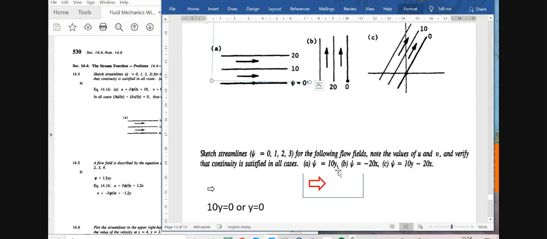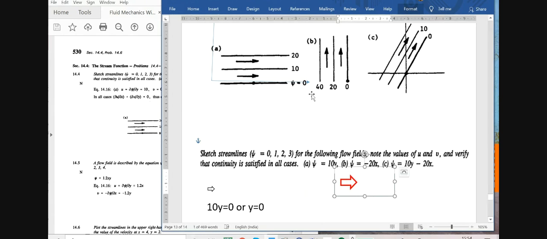Now similarly, if you take the second one, psi is equal to minus 20x. So psi is equal to minus 20x also satisfies the continuity equation.